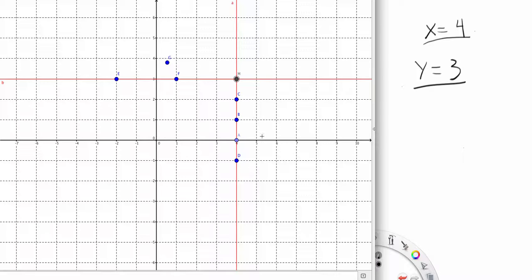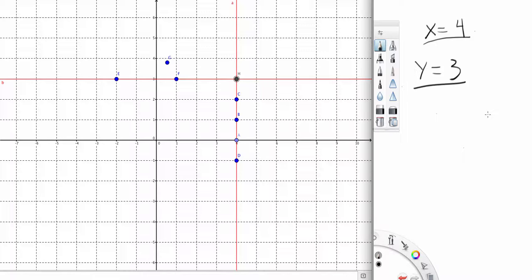Well, it would be 1, 2, 3, 4, x equals 4, because we have to be on that line. And we also have to have a y coordinate of 3, so it's not much of a surprise that those lines are going to cross at the point that satisfies both equations, (4, 3). That's where they cross. Okay? So that would be a simple example of how to plot these two lines.